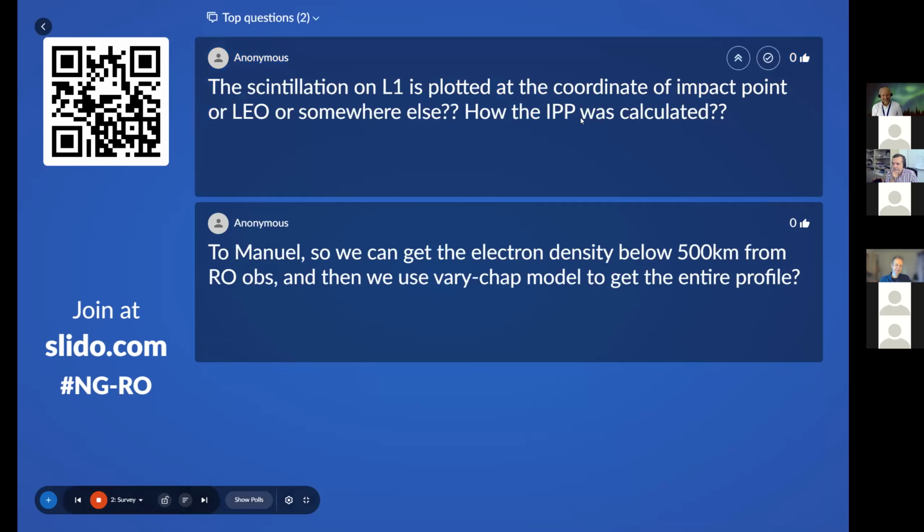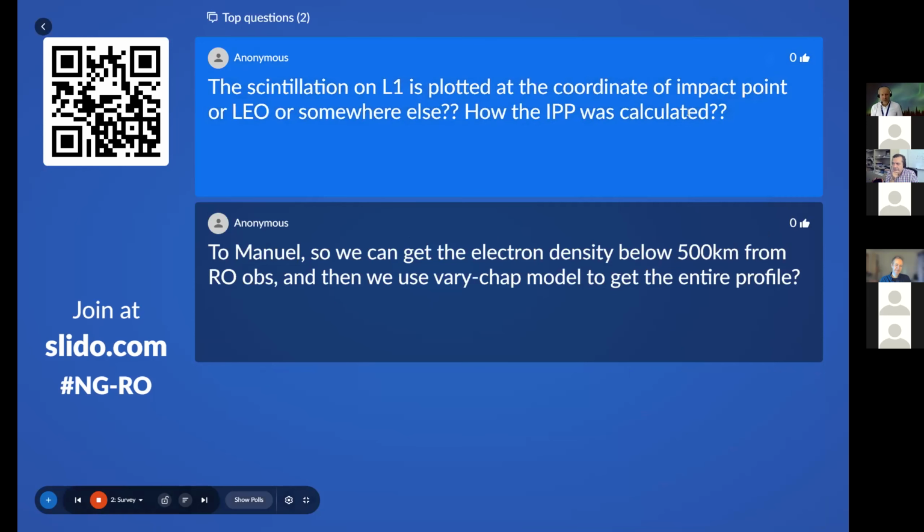Okay. The next question, I think we still have time to take. The scintillation on level 1 is plotted at the coordinate of the impact point, or LEO, or somewhere else? How was the IPP calculated? So first, the scintillation on the first frequency that I've shown.